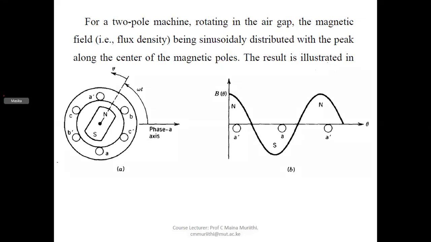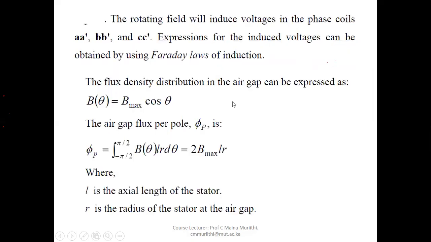Then we also raised mathematically that the magnetic field can be represented in form of a cosine wave as indicated. And we established the equation and consequently the flux per pole. Now, if we recall from physics, the EMF induced is proportional to the rate at which the flux is changing.